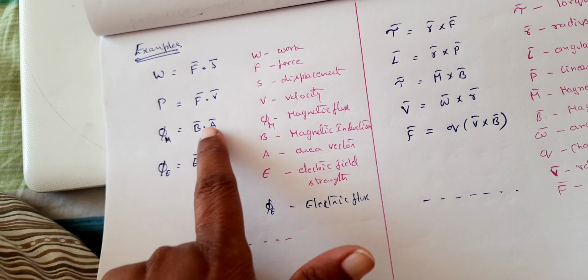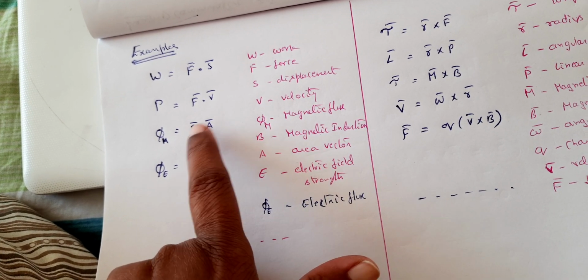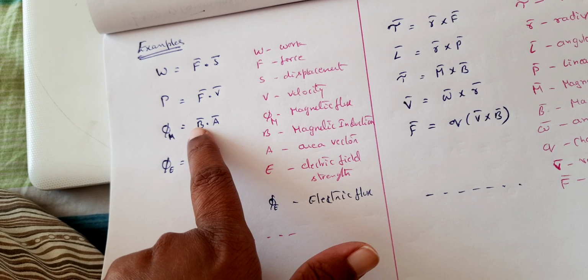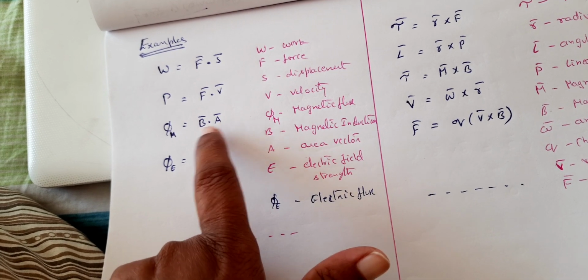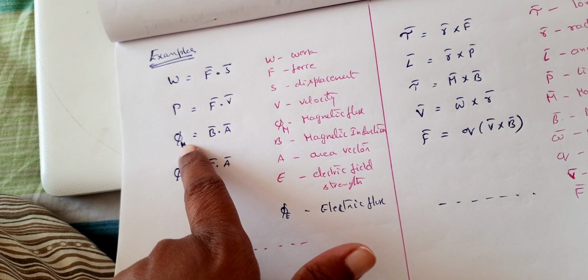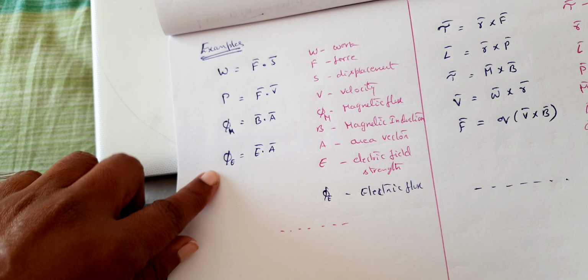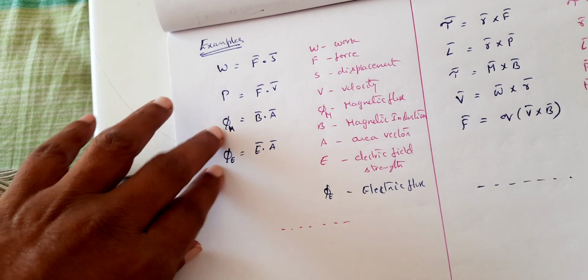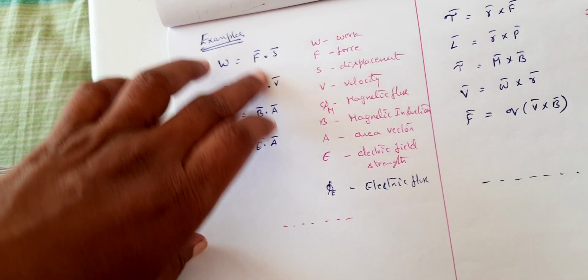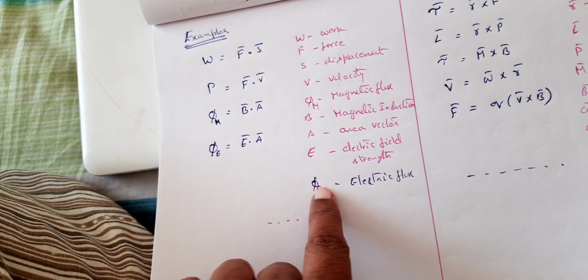Magnetic flux is magnetic induction multiplied by area. Magnetic induction is a vector, area is a vector, and the multiplication is dot product because flux is a scalar quantity. So all these are scalars, but we are extracting them using vector quantities, thus the product should be dot product.